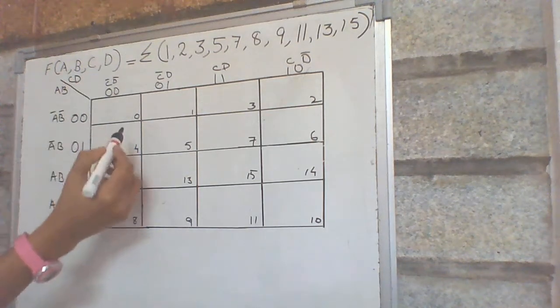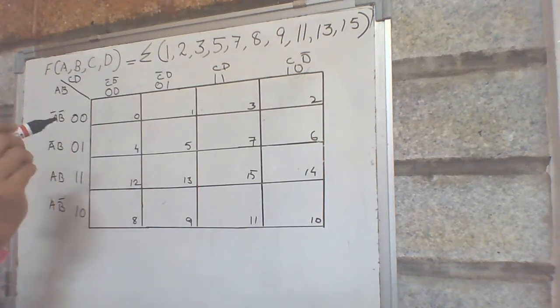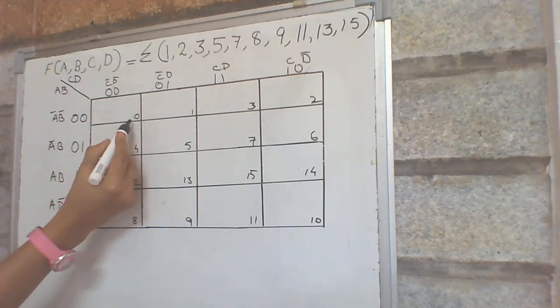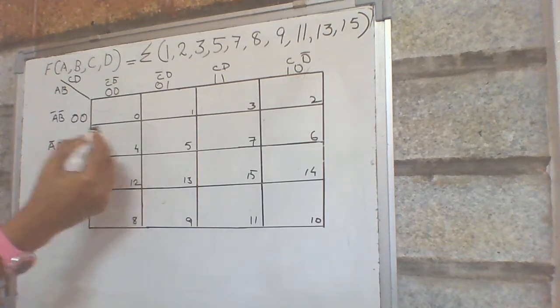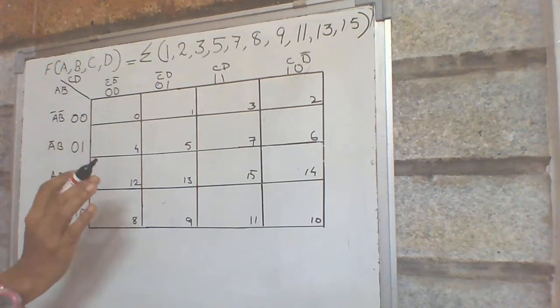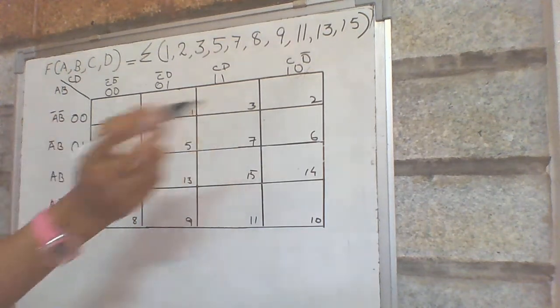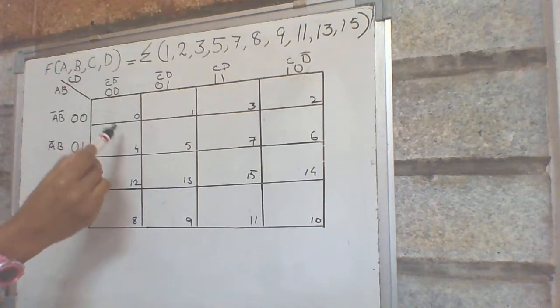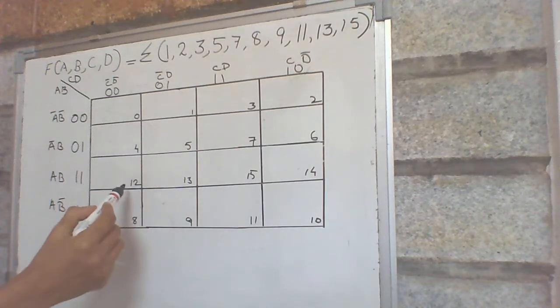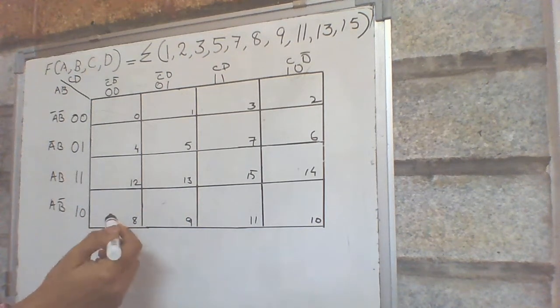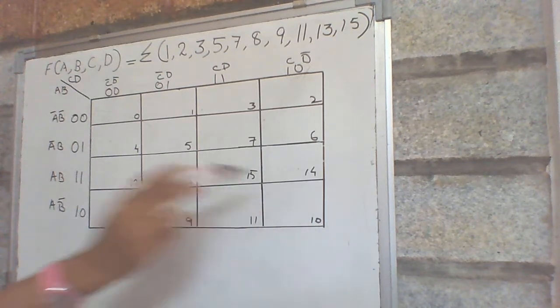You have to write these numbers with a pencil in small size at the bottom right corner. Or you can memorize these numbers. First row is 0, 1, 3, 2. Next 4, 5, 7, 6. Then 12, 13, 15, 14, and 8, 9, 11, 10.